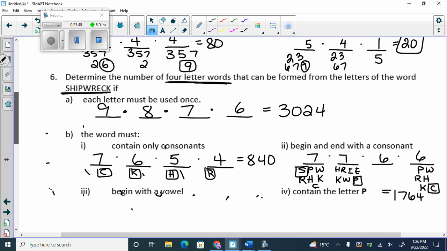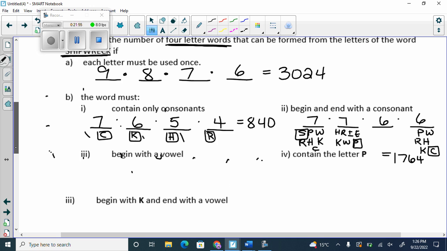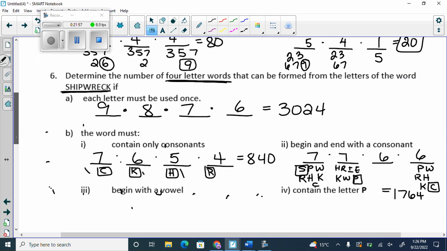Now this one has to begin with a vowel. How many vowels are there? Oops, there are 2. So I have the I or the E, right? So I go I or E. I have 2 options for this first one. I'll hold the E. Does the rest have anything reliant on vowels anymore?